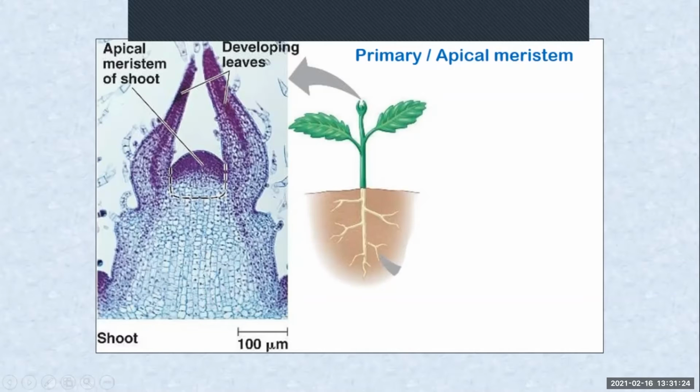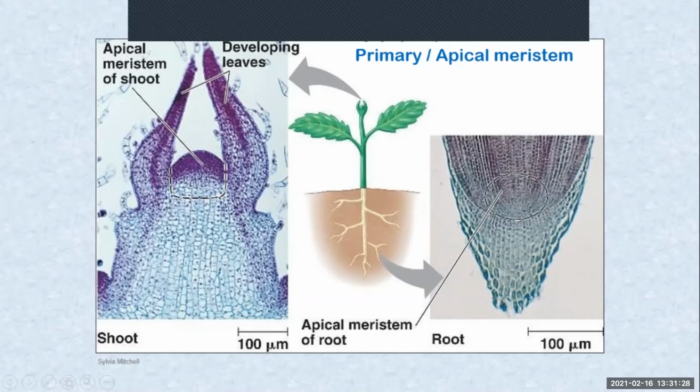But that's your apical meristem in your shoot. And then at the root tips, of course, you have an apical meristem as well. Again, actively dividing cells that eventually will produce your root tissues.